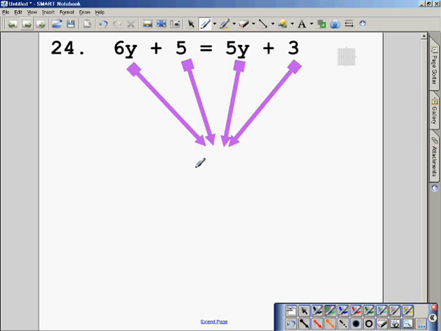This is a real strange problem because there's no x. That's a real strange problem because there is no x.